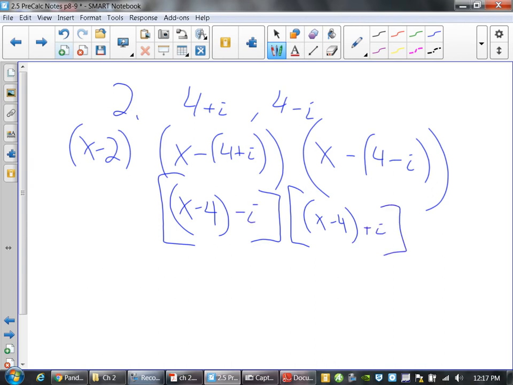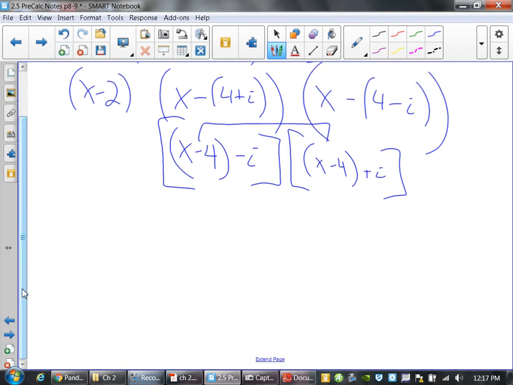Okay? And now it's a matter of foiling it out. I accidentally wrote the plus here instead of distributing the negative. I just forgot to distribute. What I did here is I just distributed out my negatives and rewrote it, because now I can just FOIL from here. So I wind up with the quantity x minus 4 squared.